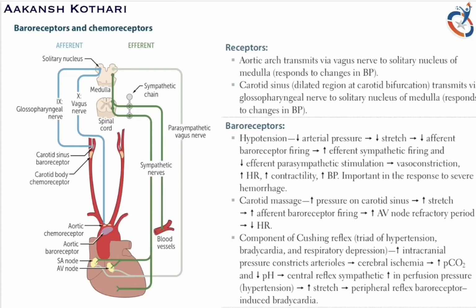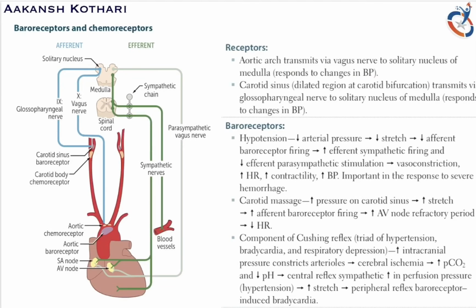Whereas the carotid sinus receptors, present over here, transmit their signal via cranial nerve 9, the glossopharyngeal nerve, to the solitary nucleus in the medulla oblongata. Is this clear? So please remember that the aortic arch transmits via the vagus nerve and the carotid sinus transmits via the glossopharyngeal nerve. Is this clear?